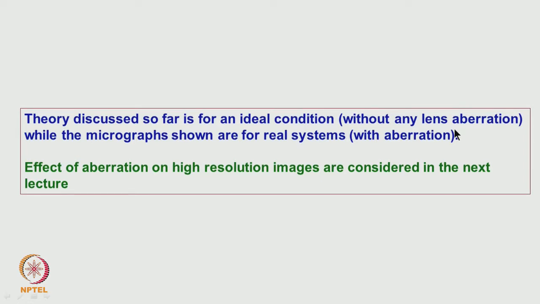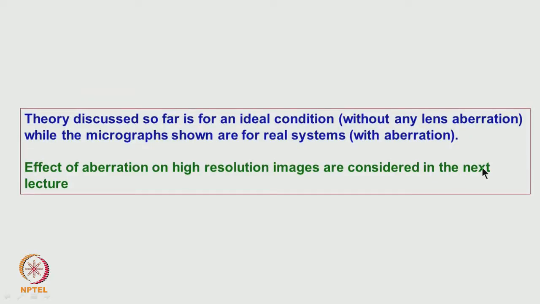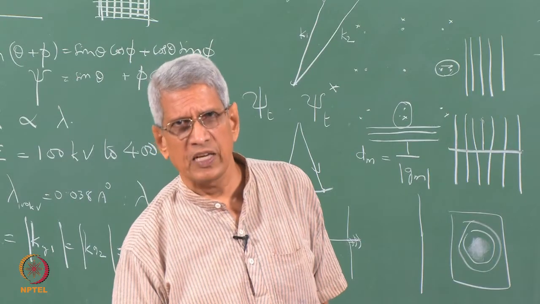If aberration is present, how will it affect the image contrast, and how are some of these aberrations used to still get high resolution images? That is what we will be discussing in the next lecture.